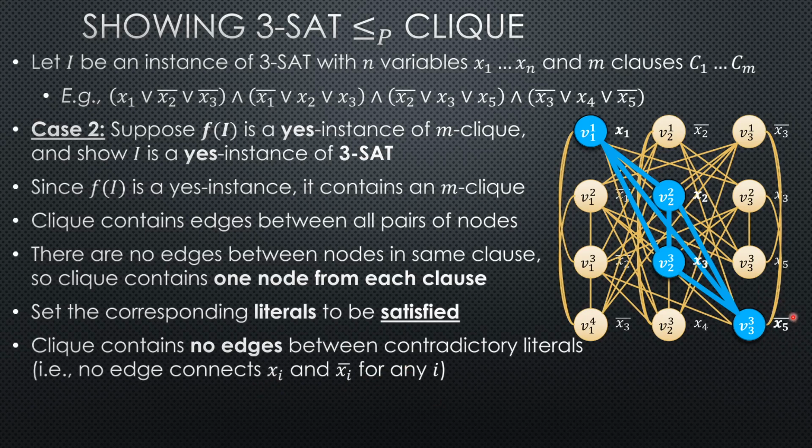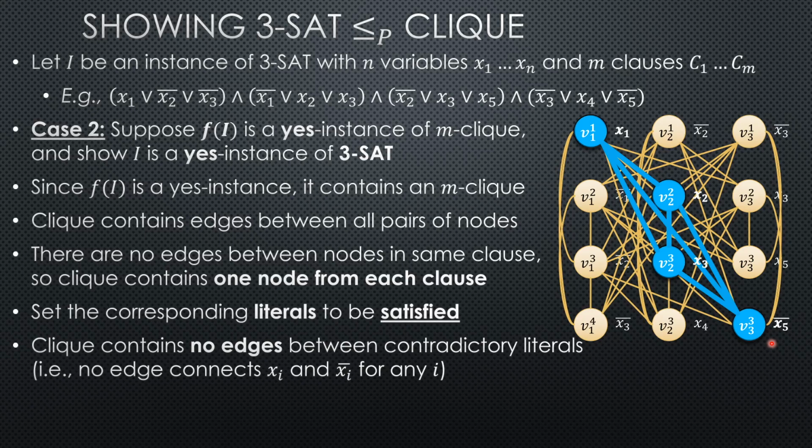So when we set not x5 to true, we know there's no x5 in the clique. So we can't introduce a contradiction by setting not x5 to true. So we will have a consistent truth assignment to variables that are involved in the clique that will satisfy every literal in the clique, and in turn satisfy every clause in the formula, and in turn satisfy the formula.